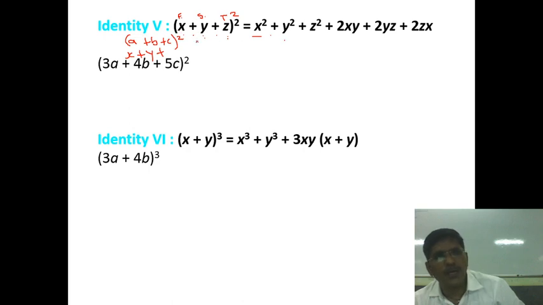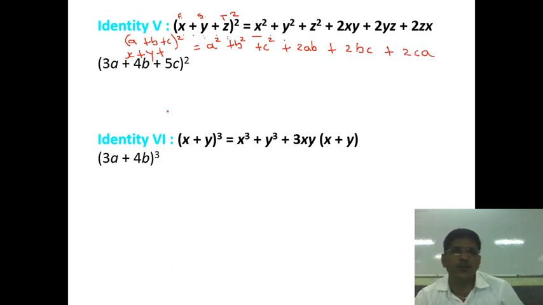So how do I remember? Again, (a plus b plus c) whole square. Then I have to write first a square plus b square plus c square. Now what do I have to write? 2 into first and second, that is ab, plus 2 into bc, second and third, and then 2 into third into first. That way I have to remember.